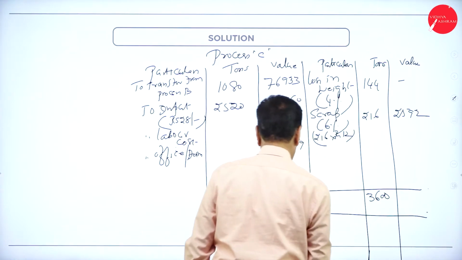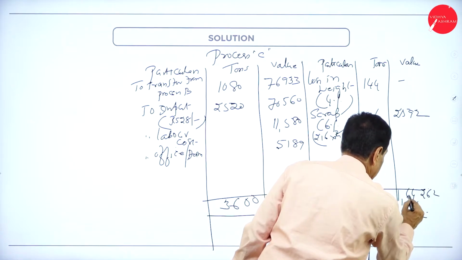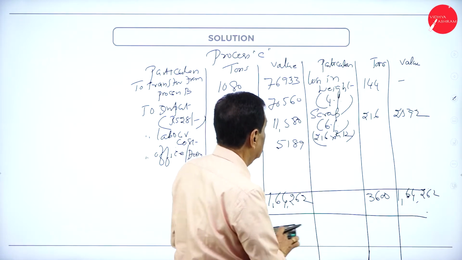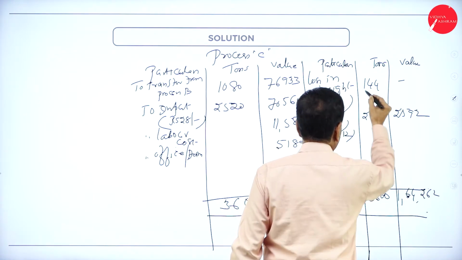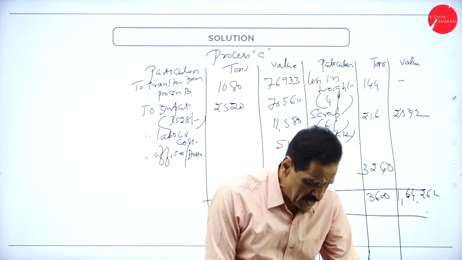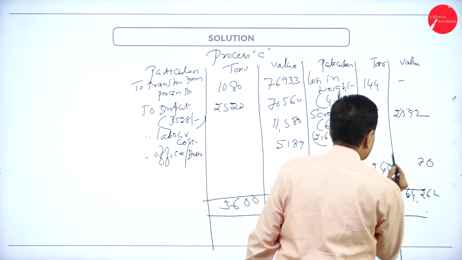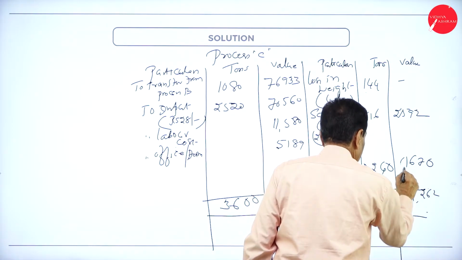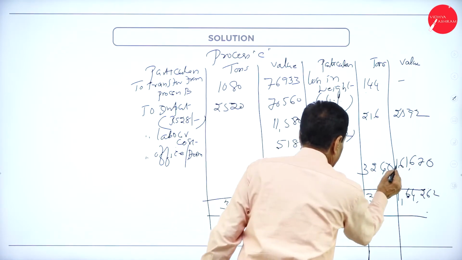Deduct 3,600 from 1,64,262. So you bring out the difference: 3,240 tons, value 1,61,670.